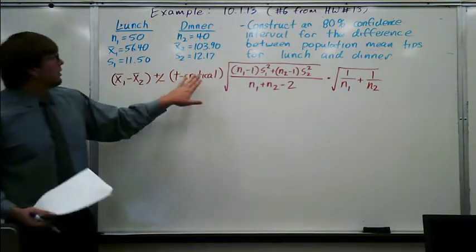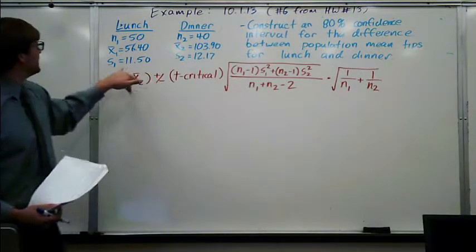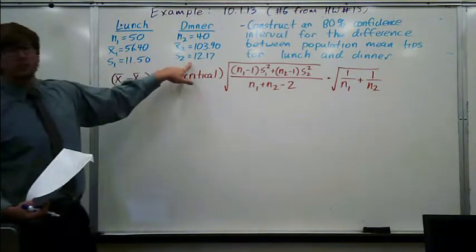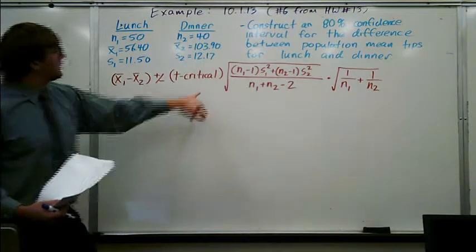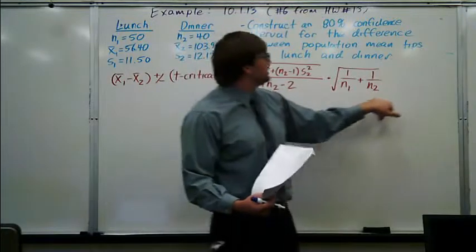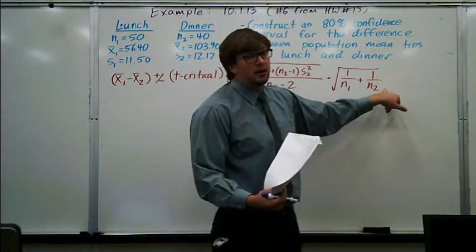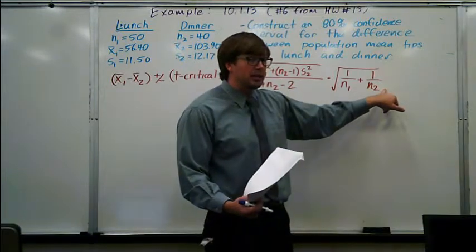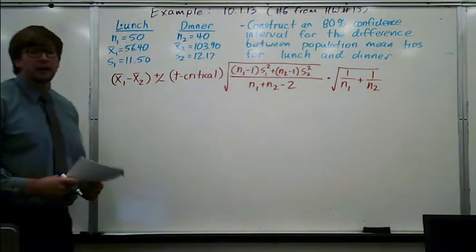Notice we have a t critical value rather than a z value, and again, that's because we're based on sample standard deviations rather than population standard deviations. Then, of course, this whole area right here, which is the standard deviation or standard error, that formula is quite a bit more complicated. So let's go ahead and start filling out values.